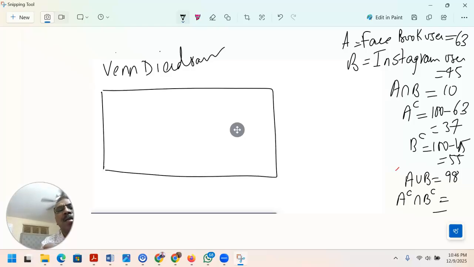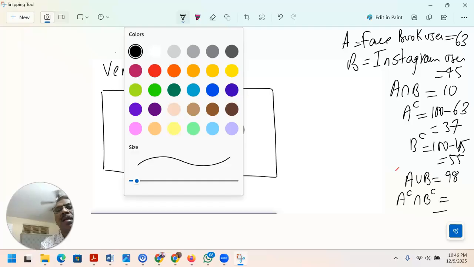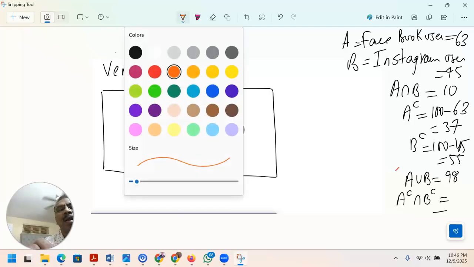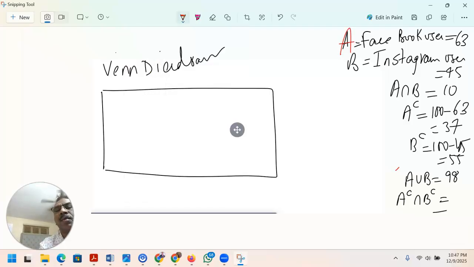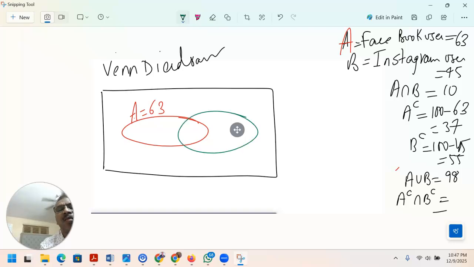Then I'm going to make a circle with A. Let's use A as students who use Facebook. This is A, and there are 63 of them. Let's use a green color for students who use Instagram, B. The students who use Instagram are 45.